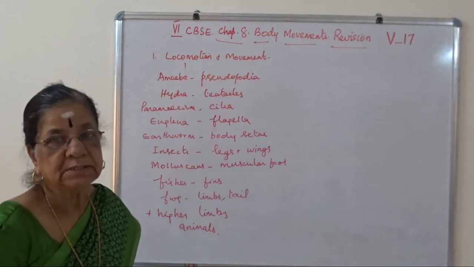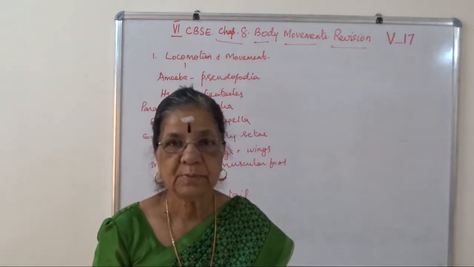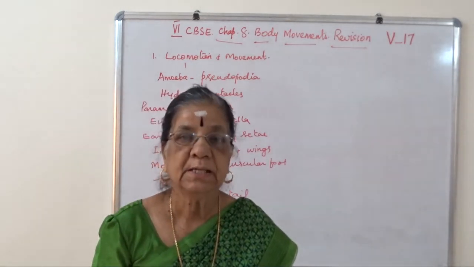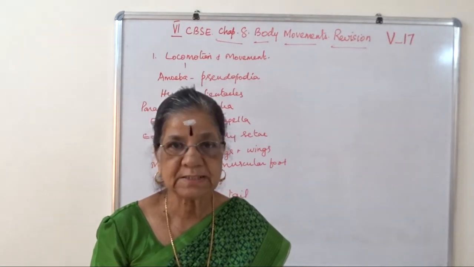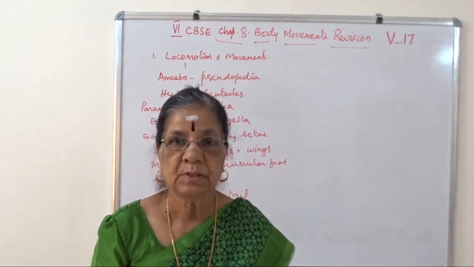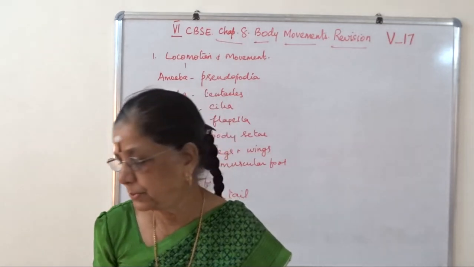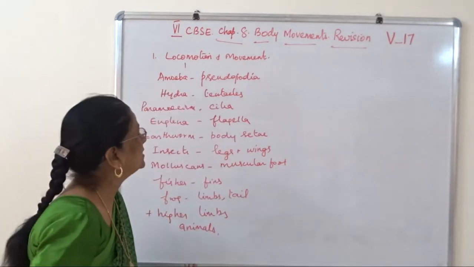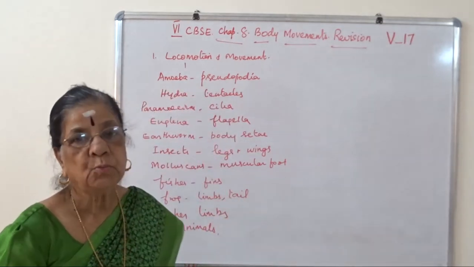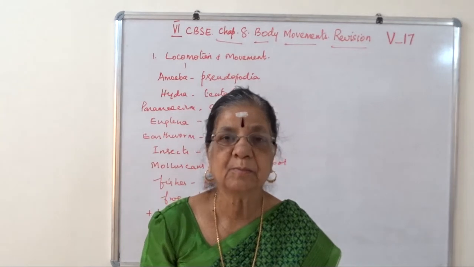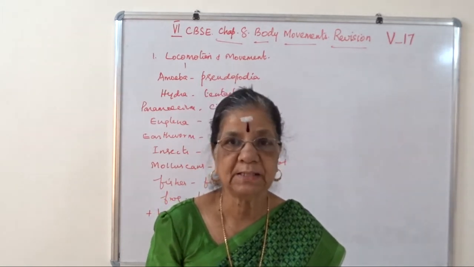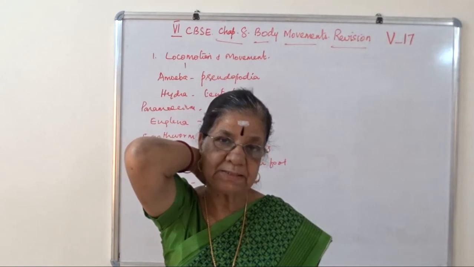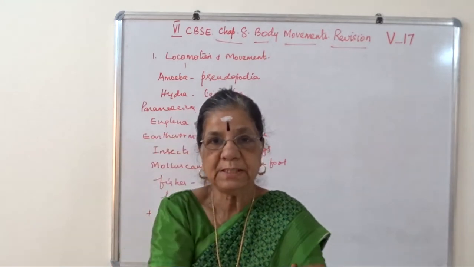Locomotion is movement of animals from place to place in search of food, shelter and to escape from enemies. Whereas movement is movement of any body parts, for both plants and animals. Plants will not move from place to place.